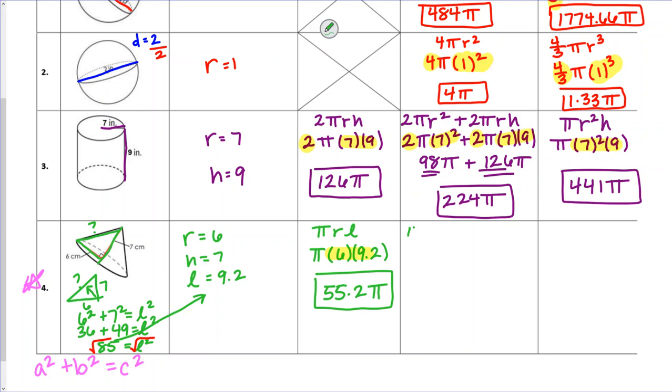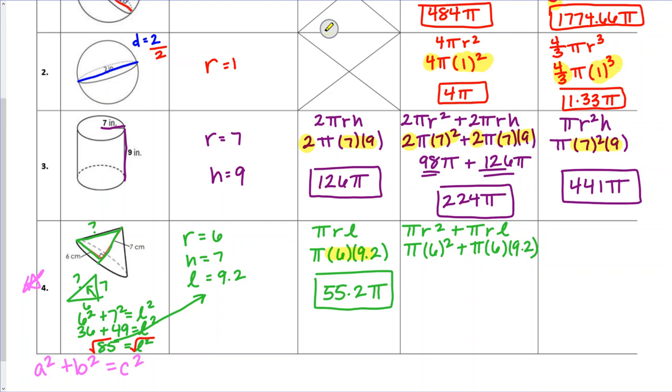Surface area. We have our formula pi r squared plus pi rl. Substitute your numbers. Pi times 6 squared plus pi times 6 times 9.2.